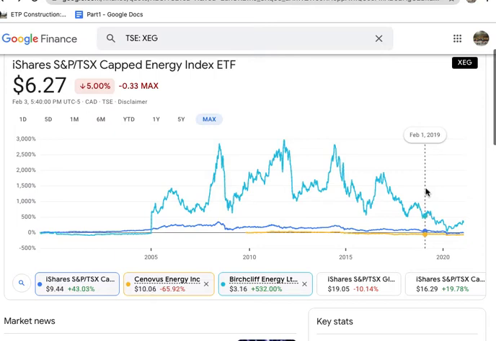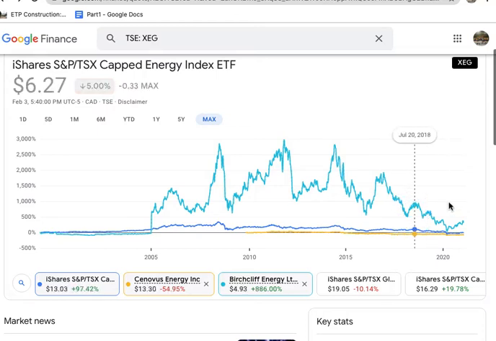And even with a very bad macro environment, meaning technology is where everyone wants to put their money. Oil's not looked upon favorably by ESG investors, and especially Canadian oil, which is trading at a massive discount to US oil.